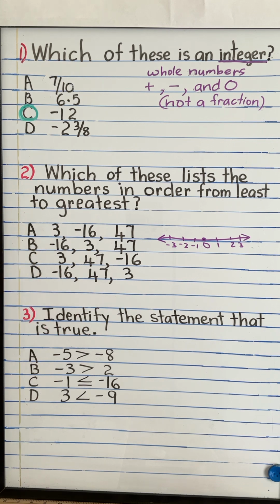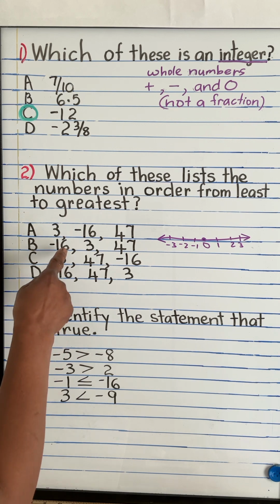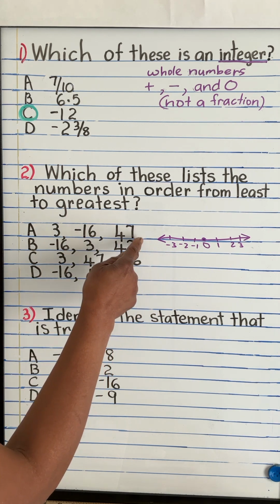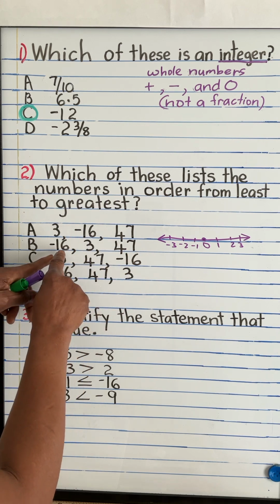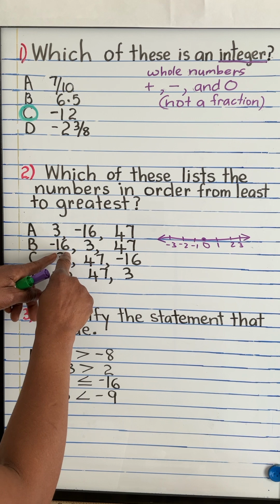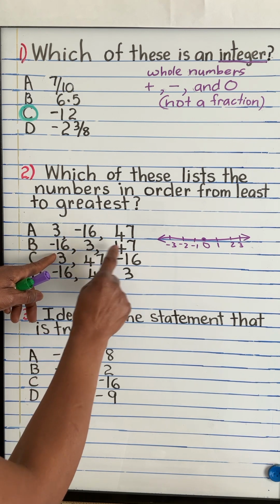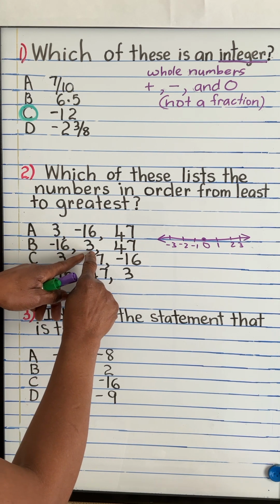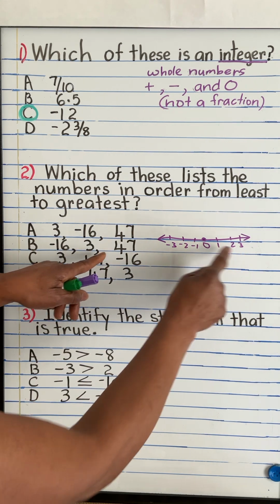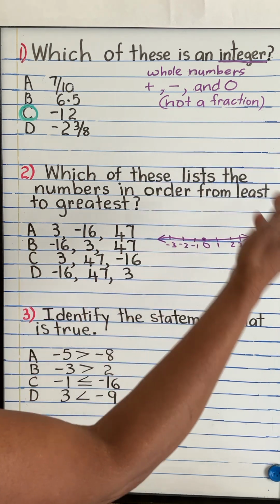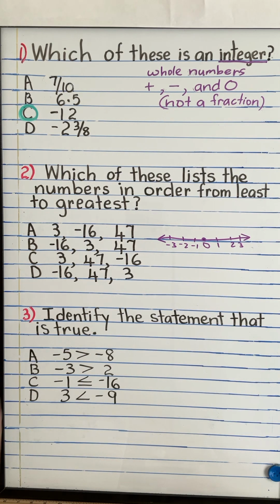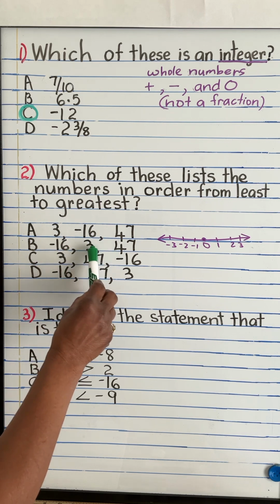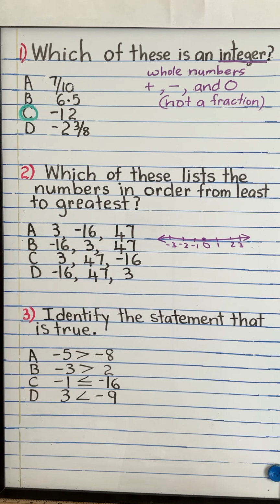So we'll go to the next option: negative 16. Negative 16 will be decreasing to the left, so this is less than 3 and 47. And then our next number would be 3, and then our next number would be 47. We increase to the right until we get to 47. So this choice seems to be the correct choice.